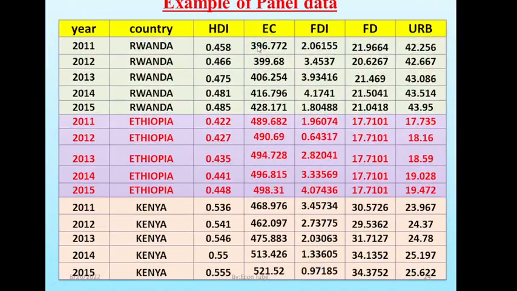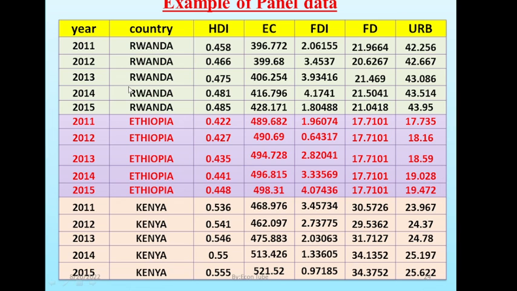In combination, when you have more than one time period, like from 2011 to 2015, for different entities, for example Canada, Ethiopia, Kenya, we have several entities and five years.